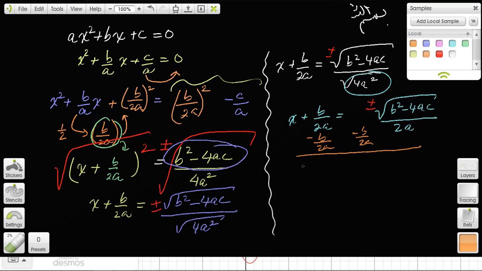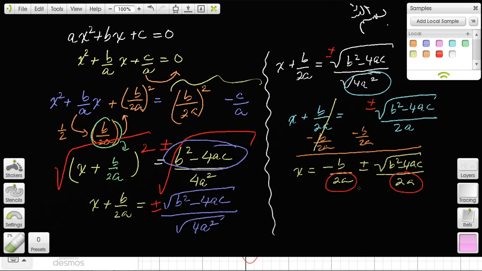And then you subtract b over 2a from both sides. Then you get x is equal to the opposite of b over 2a, plus or minus square root of b squared minus 4ac over 2a. Almost there. Now look, the denominators are the same.